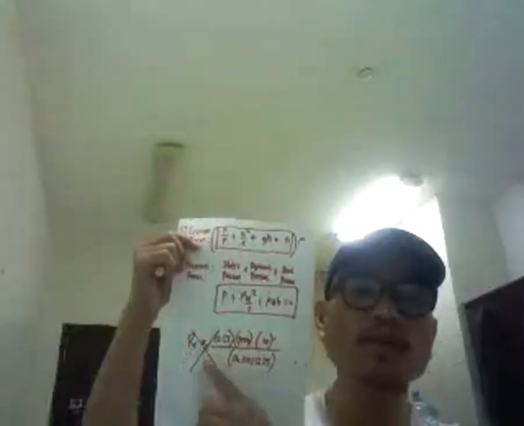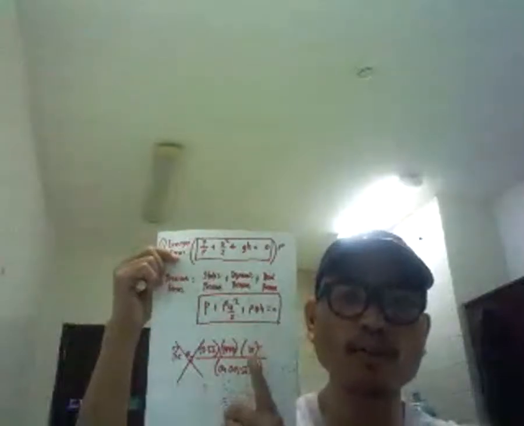The Reynolds number is 16,270. So this is turbulent. So this is wrong. This is a wrong analysis, because we obtained turbulent. It should be laminar because we're using the Bernoulli theorem.